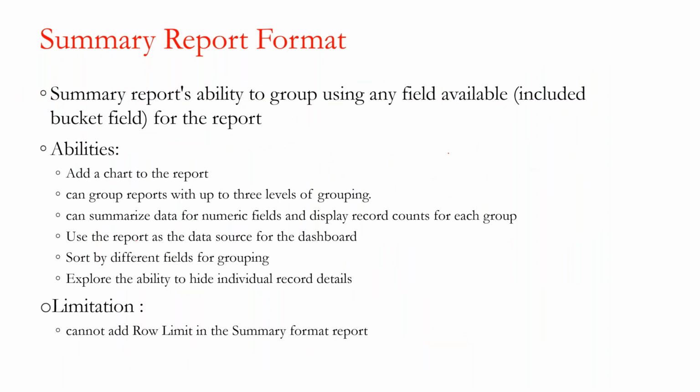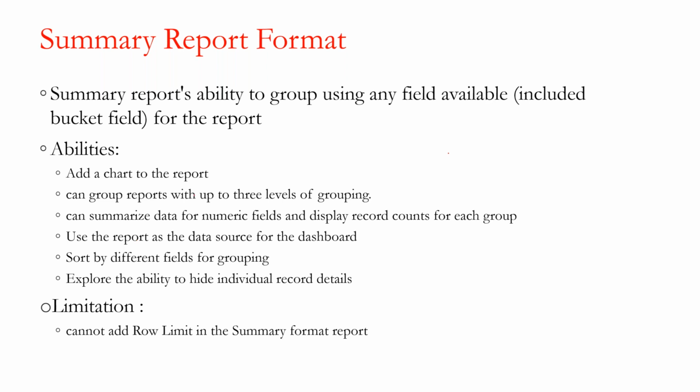So when you go to the summary report, what is this report and what kind of limitations or abilities do we have on it? We'll compare with the tabular report to see how it differs. Whenever you want to do grouping of data in rows, then we'll go for a summary report.